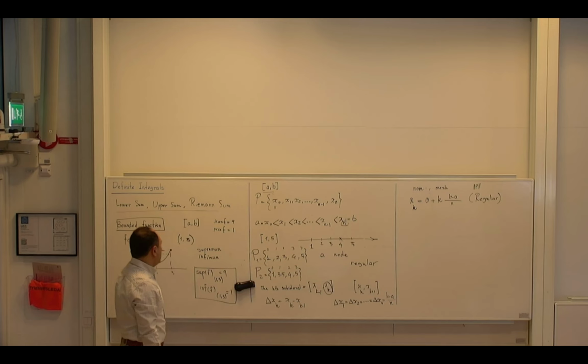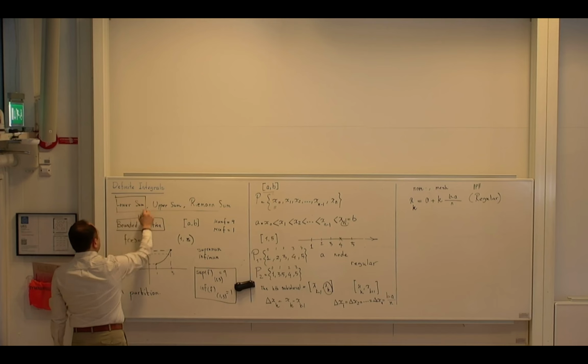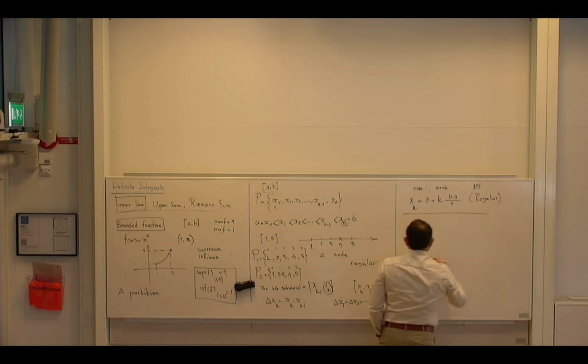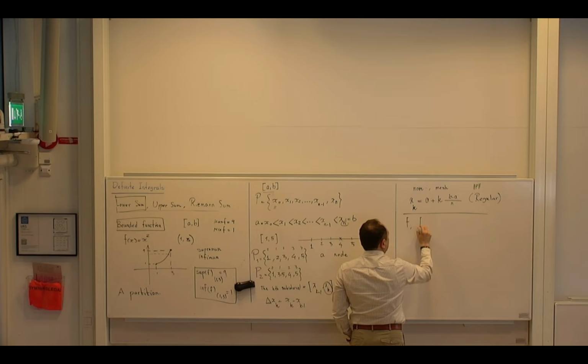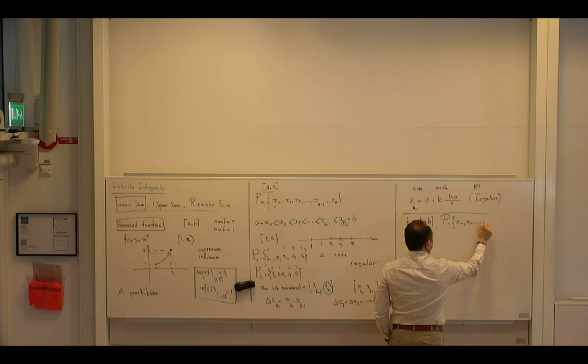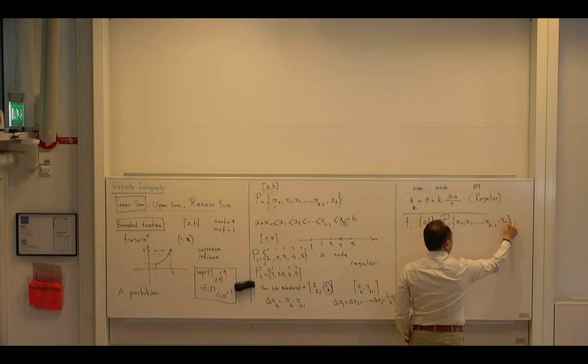Okay. So now I want to go back and talk about this. Let us concentrate on the lower sum. Okay, so now the real lesson starts from here. I give you a function, a closed interval, and a partition. Not necessarily regular, any partition.